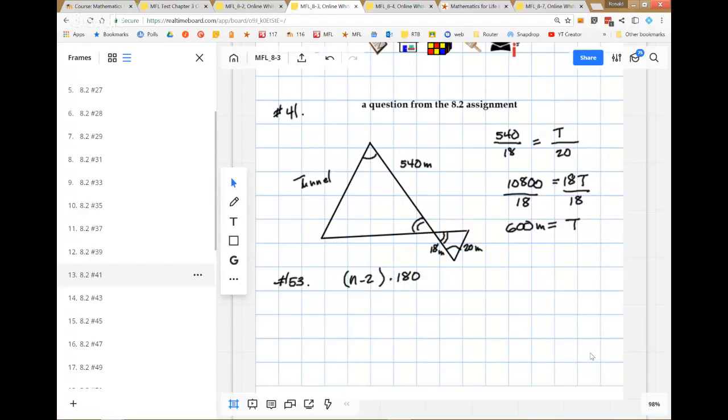You got the tunnel up on the left, this length up here. Find the length of the tunnel to be bored. So in other words, what's the length of the tunnel? That's the question. And you've got these other distances given, the 540 meters. I just copied those.